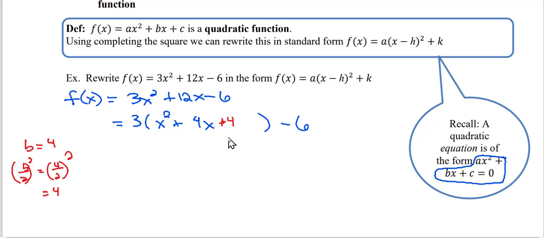When we completed the square for solving a quadratic equation, I think we just added 4 to the other side of the equation. But this isn't an equation, so we can't just add 4 to the other side. So instead, we're going to subtract 4, and that still keeps it balanced, right? That is still equivalent to what we started with.